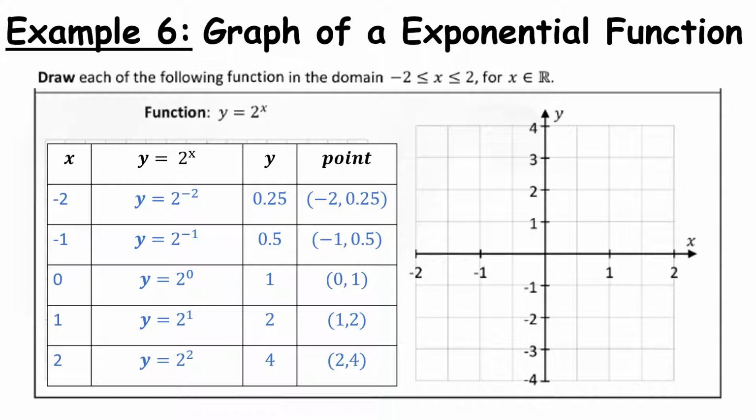It's a quarter. We have minus 1, 0.5, 0, 1. We then had 1, 2. We then had 2, 4.